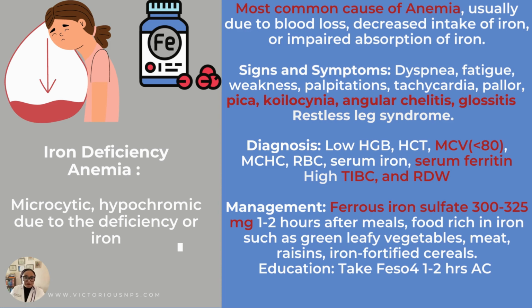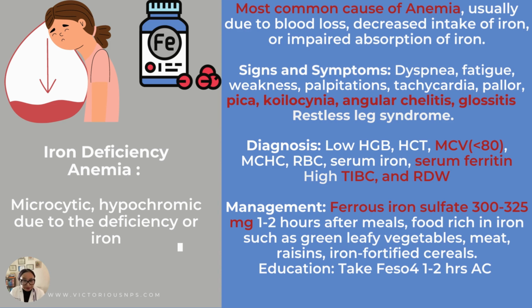You know that your ferritin and your TIBC or transferrin work inversely. So if your ferritin is high, your TIBC or transferrin will be low, and vice versa. So in this situation, you're going to get a low serum ferritin and a high TIBC or high transferrin.